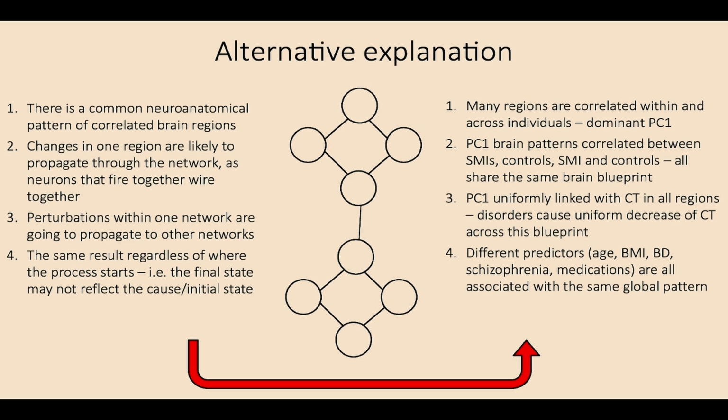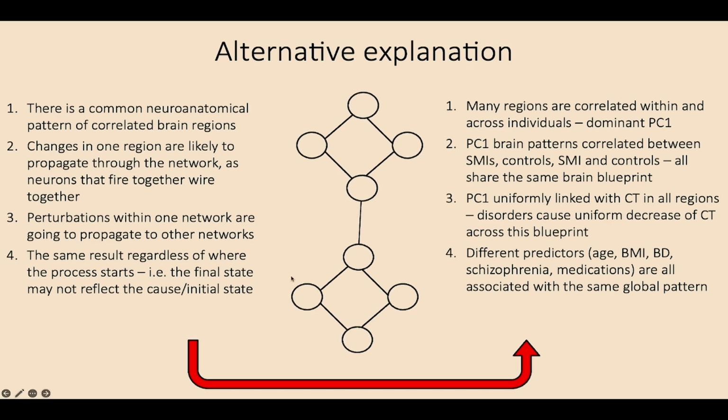Now, changes in one region are likely to propagate through the network, as neurons that fire together wire together. And also perturbations within one network are going to propagate to other networks. Now, this is supported by the fact that the PC1 was uniformly linked with cortical thickness in all regions, and the fact that disorders cause uniform decrease of cortical thickness across all of those regions.